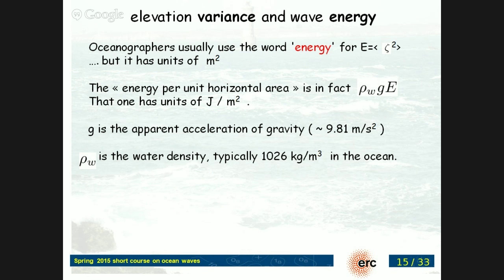If you want to be correct, the energy should be rho g times this, and that would then have units of joules, so energy per meter squared of the ocean surface. Typically the factor rho g is about 10,000, because water density is more or less this, and gravity is more or less that. So if you're working in marine energy, for example, people will work with the energy with rho g. For all other applications, people just call E the energy, and it's just meters squared.